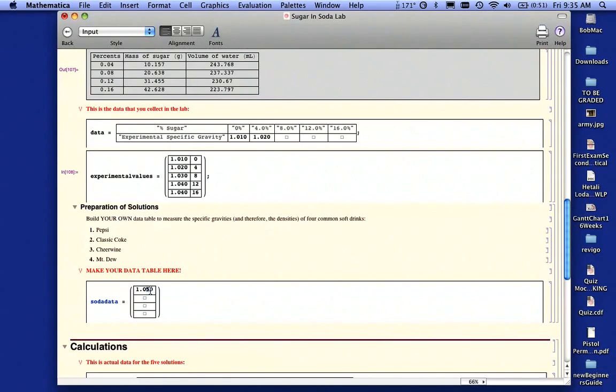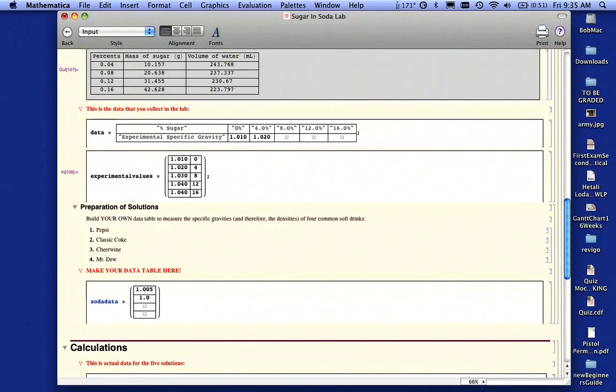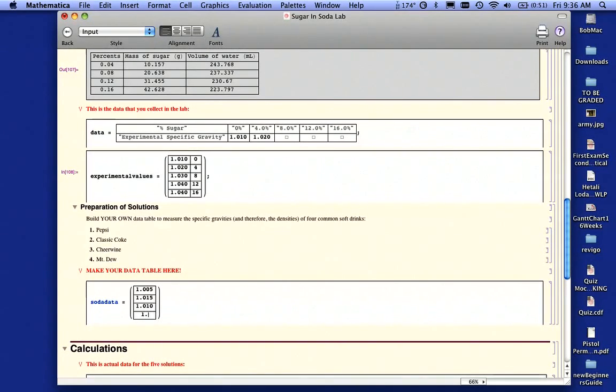Let's make it something small, 1.05. Okay, my Coke was 0.015. I'm absolutely making up numbers here. 1.01 was my cheer wine, and my Mountain Dew was 1.035. And this is the data I collected in the lab. Now notice I have a data table there with just the data in it.